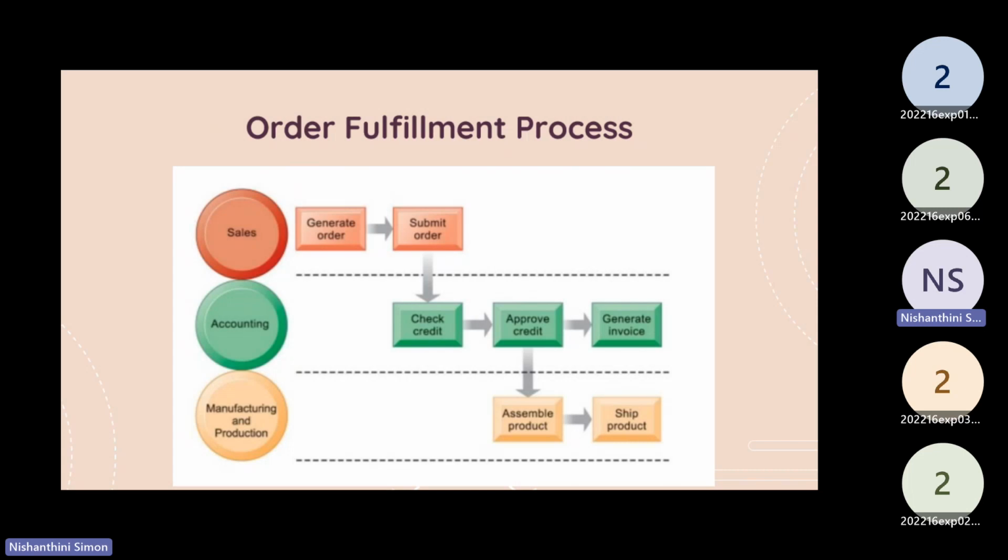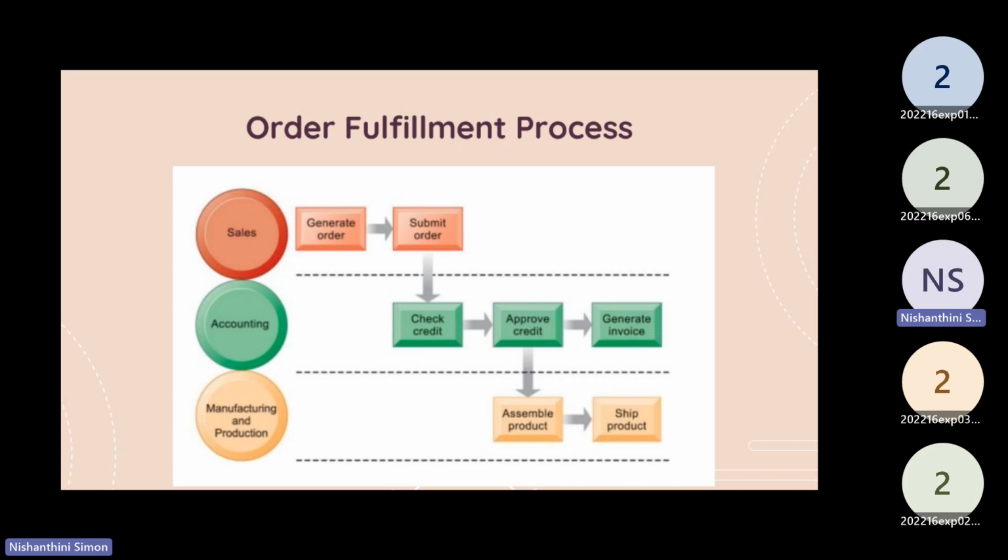Once the manufacturing division has completed the product, they ship it, with the accounting division generating the invoice. So they fulfill the order. This is one simple process usually happening in an organization. But in order to complete it, how many departments or divisions are getting involved?